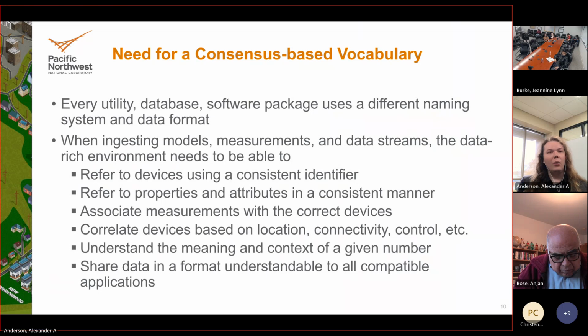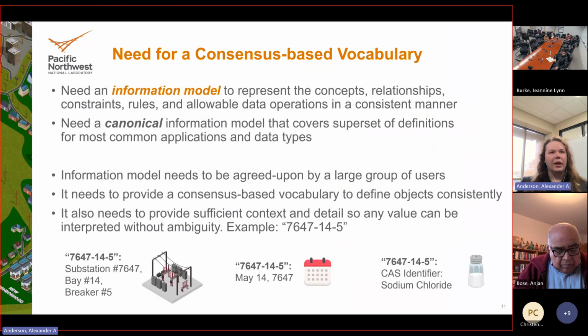And we need to be able to share that data in a manner that is understandable to all compatible applications that speak that data model. And that is what we refer to by an information model.